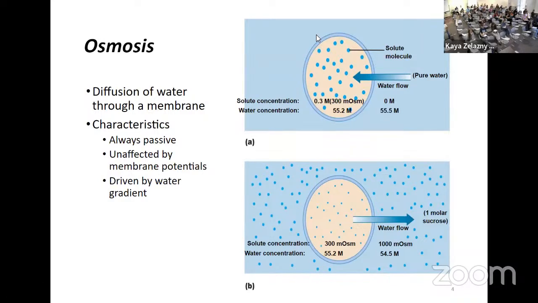So what we're looking at here is we have pure water versus a cell that has some solutes in here occupying space. So it has a little less water because it has less physical space for water. So our water gradient would be high to low. High water. Low water. Versus for the solutes, this is like high solute.